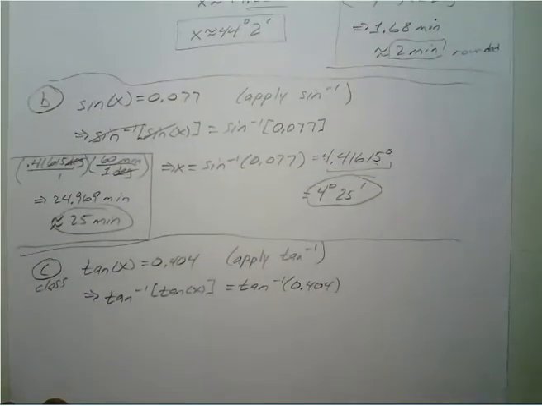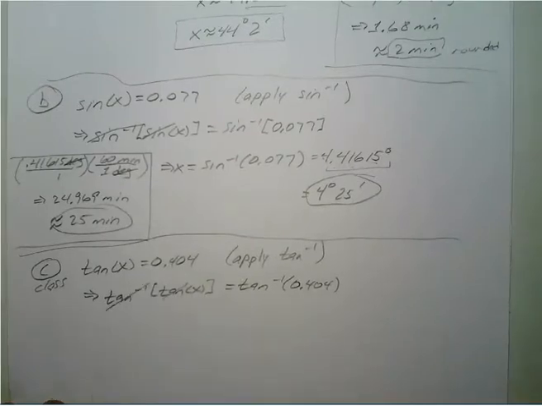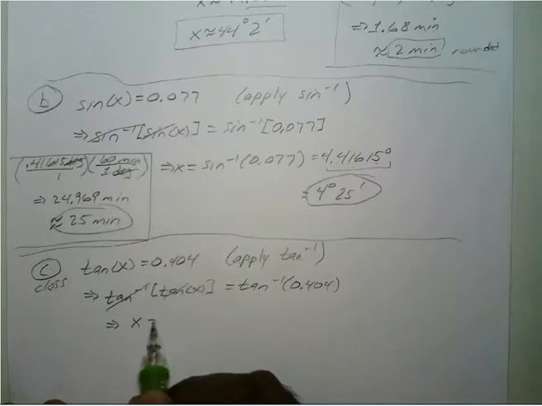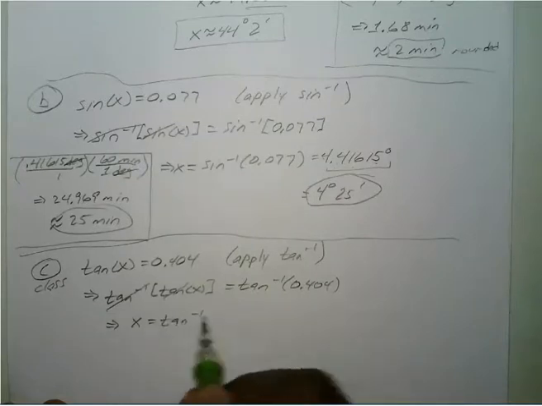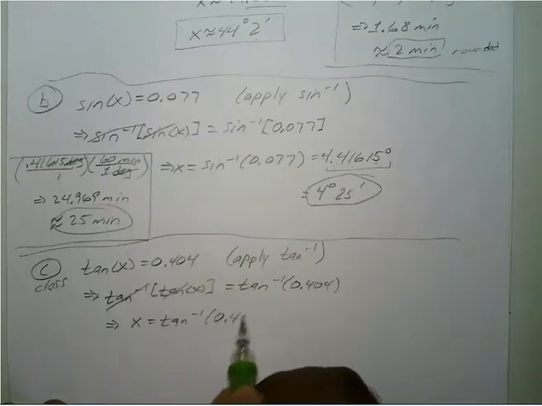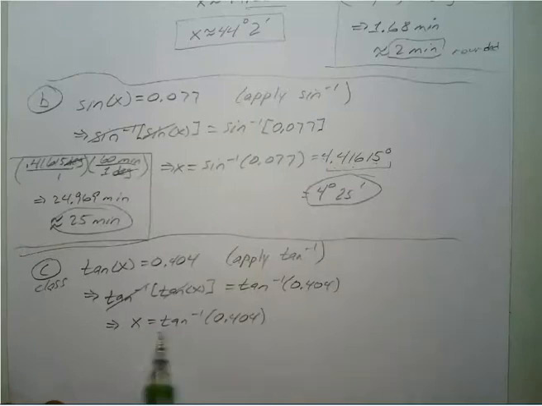Remember, the tangent and the tangent inverse cancel out. So you have x equals tangent inverse of 0.404. Plug that into your calculator.